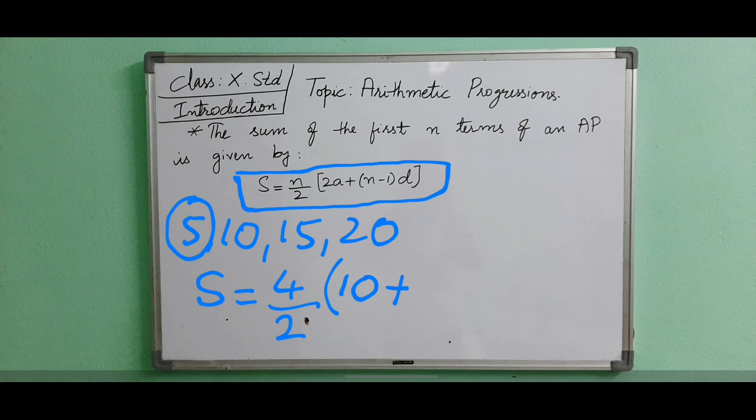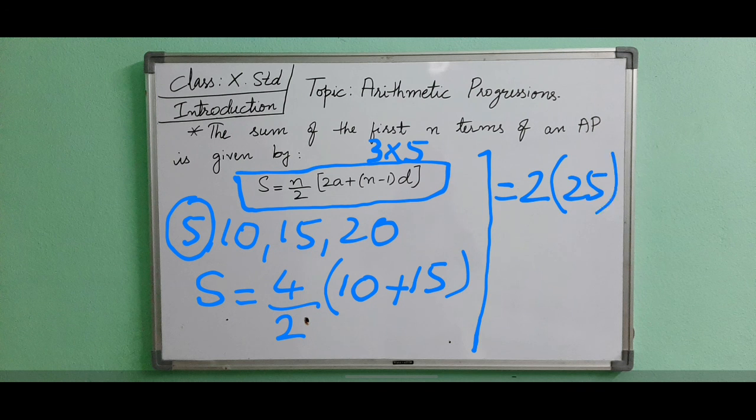Then 3 into d, where d is 5, the difference of any two terms. So 3 fives are 15. Now let's proceed. 4 by 2 means 2, if we divide. 10 plus 15 is 25. Correct. Now 25 into 2 is 50.